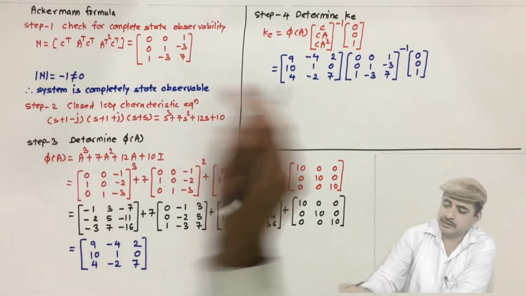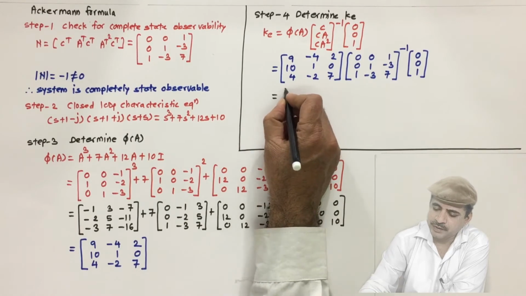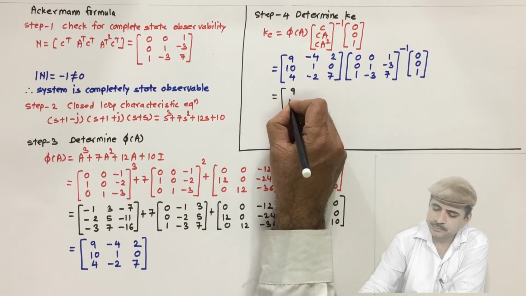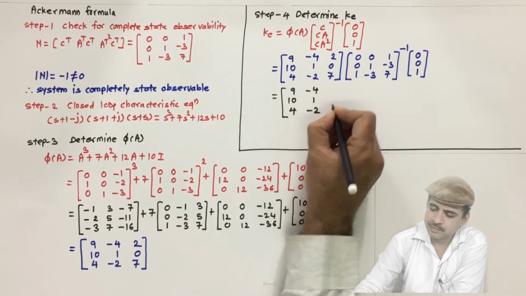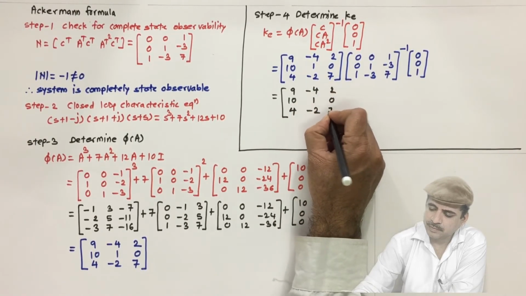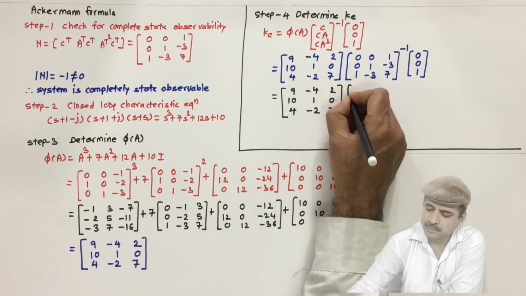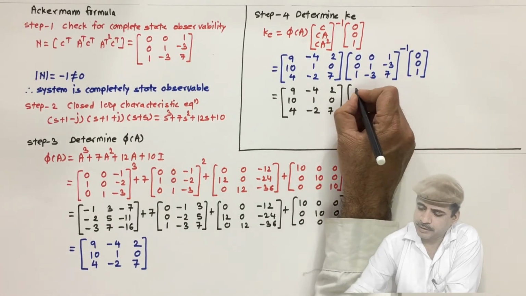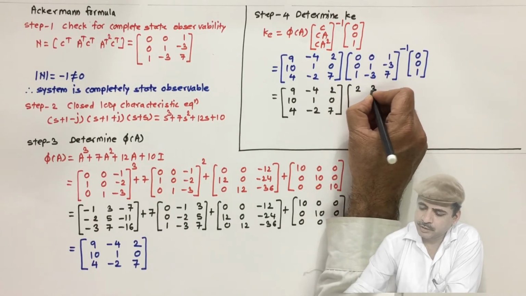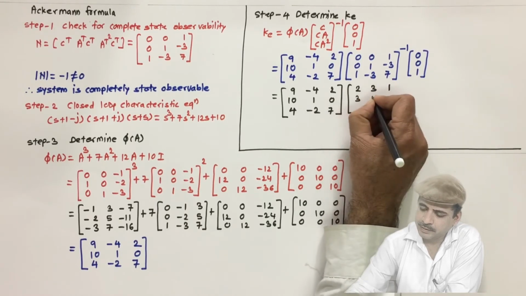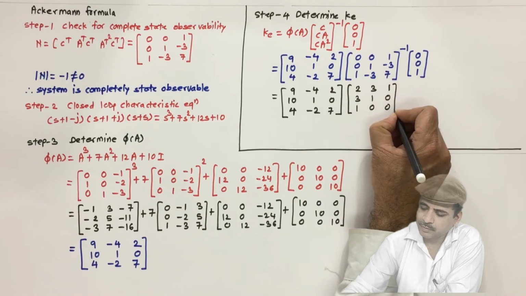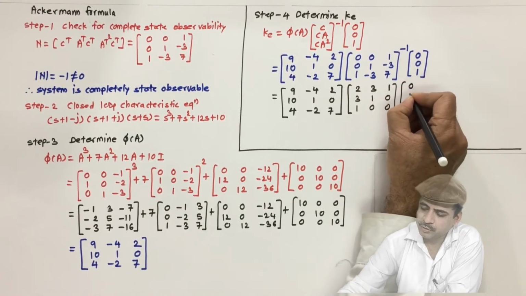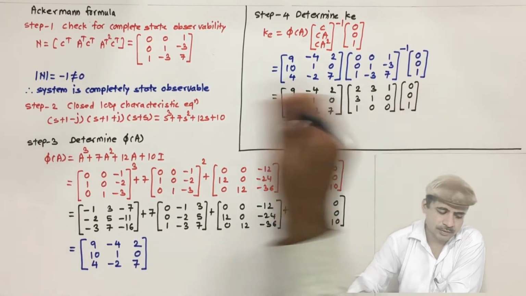Now calculate this inverse using a calculator, and it appears to be, I have calculated it, 2 3 1, 3 1 0, 1 0 0, multiplied with 0 0 1.